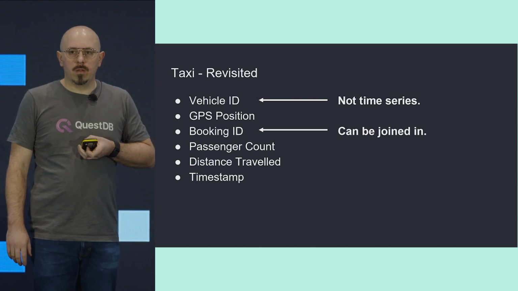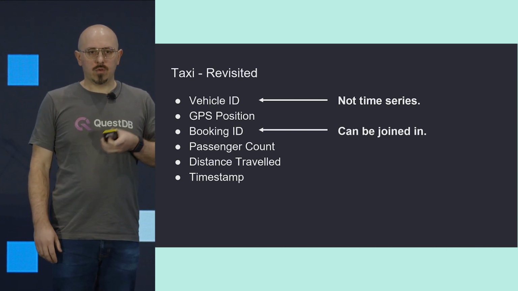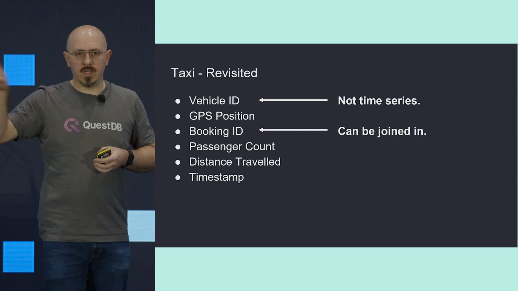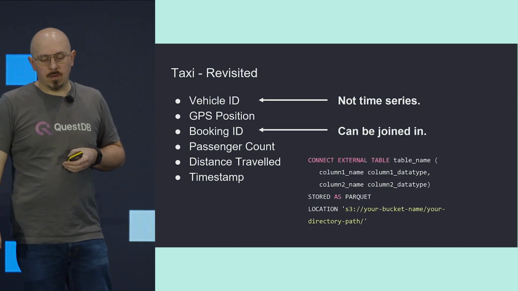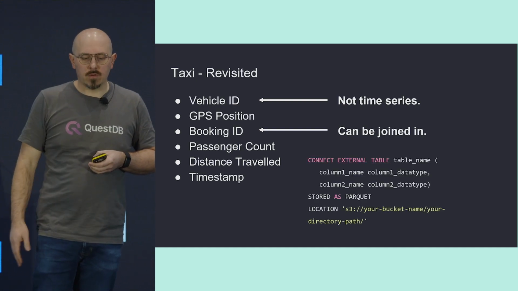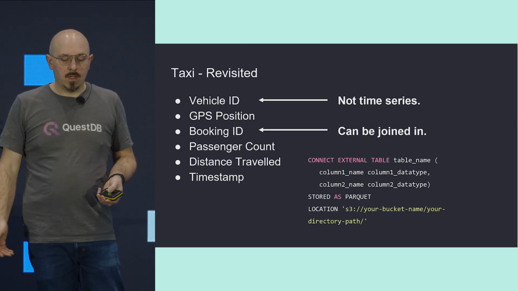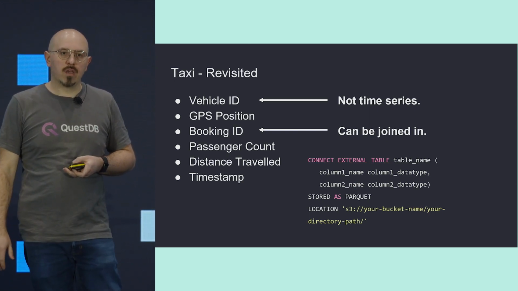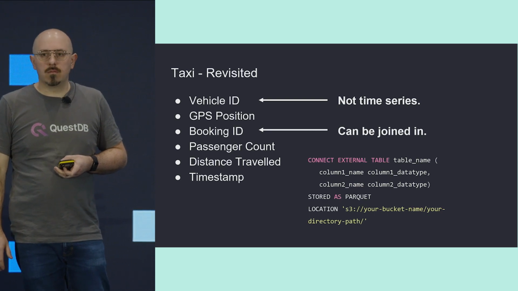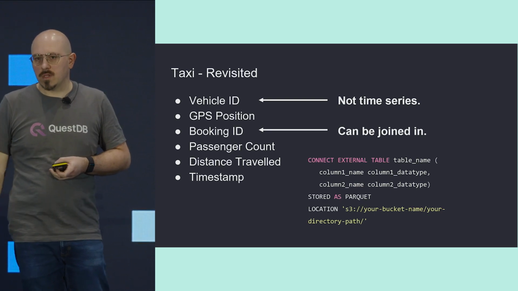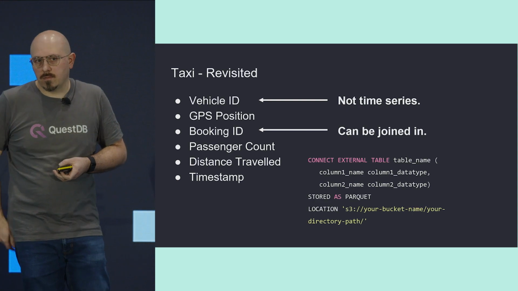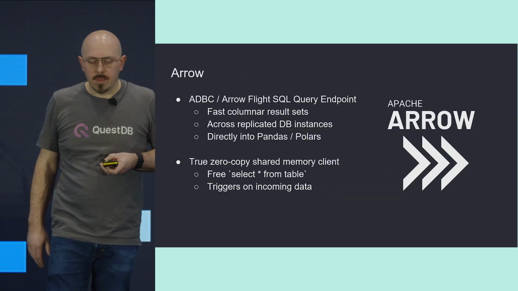And so it would be really nice if you can just do a query and grab that data in. So you can connect an external data source, assuming it's, in this case, a whole directory full of Parquet files. But then there are other data sources that you can plug in, because, yeah, you need that stuff.